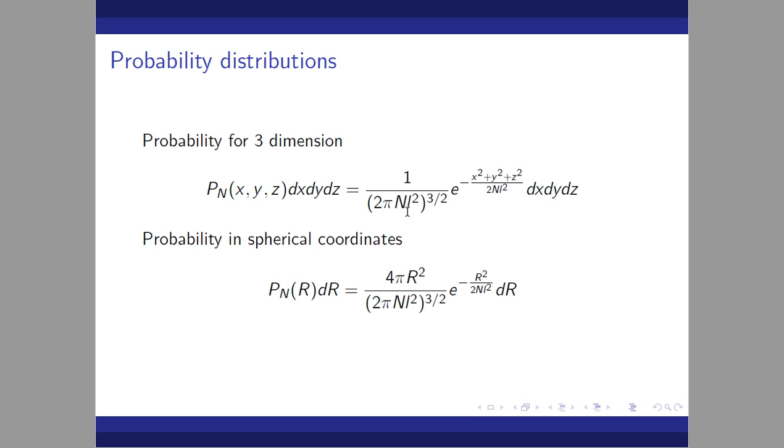These are three dimensions, the previous one is one dimension, and these are spherical coordinates. So this tells where the next monomer will do the bonding with the current polymer or monomer.